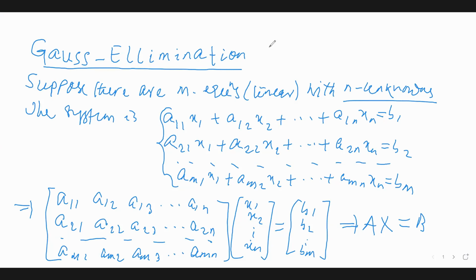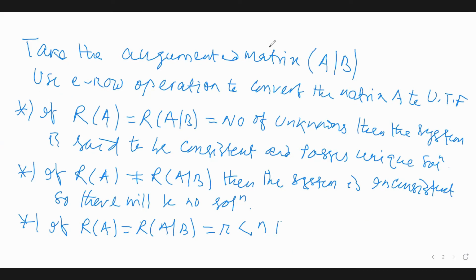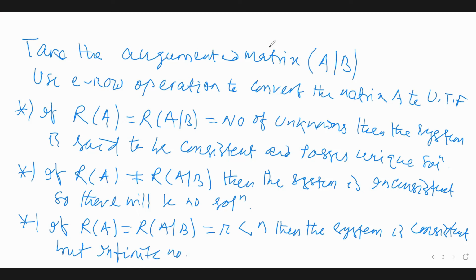You are not even looking. If r is less than the number of unknowns, then the system is consistent, but infinite number of solutions will exist, and n minus r unknowns are to be arbitrary. What arbitrary means, I will show in the problem now, one question for each of the three cases.